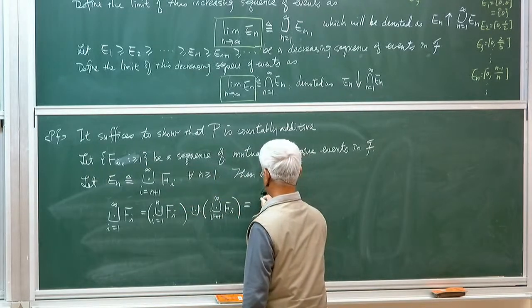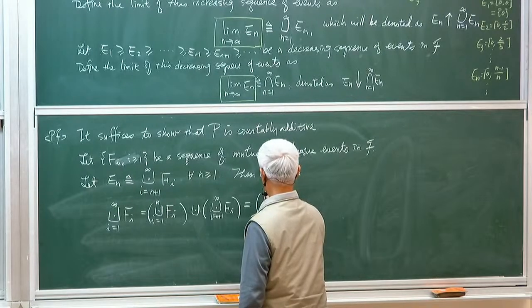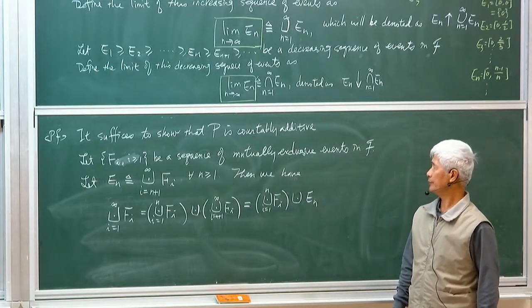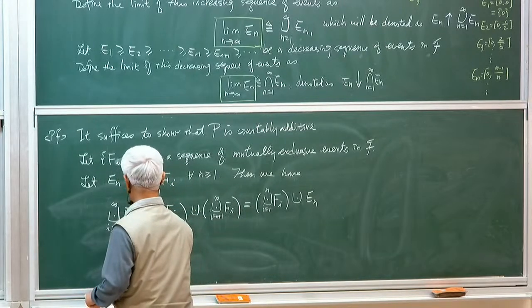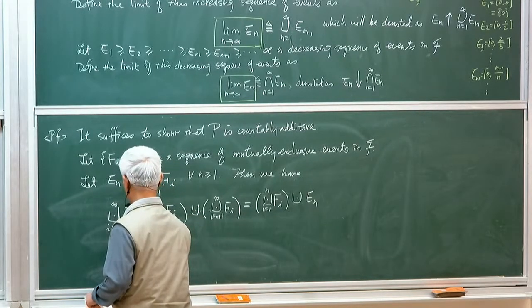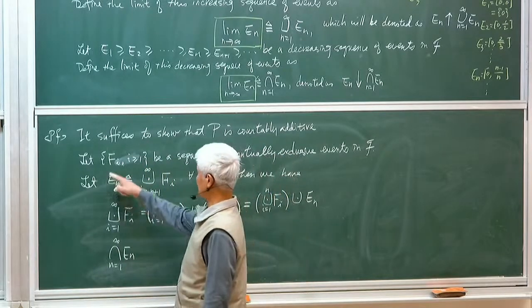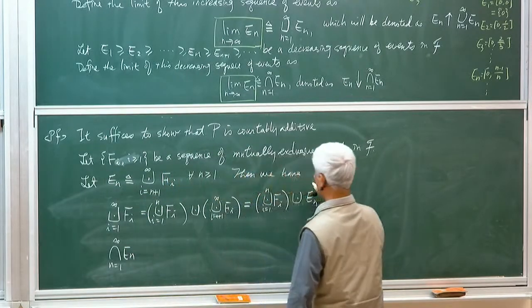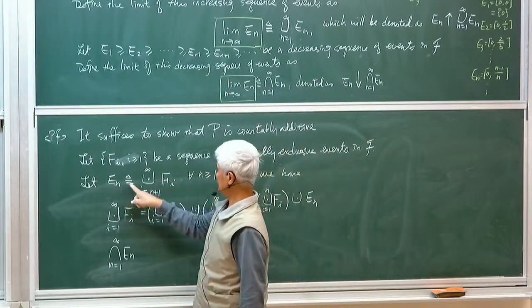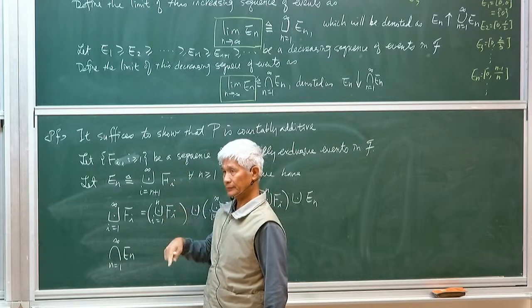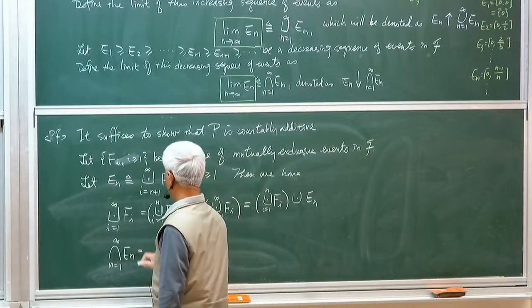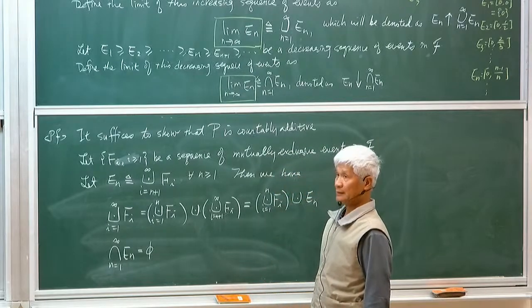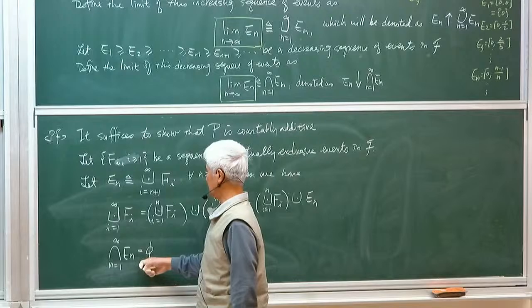Now E_n is a decreasing sequence of events, and their intersection is equal to the empty set. We have to show why this is true.